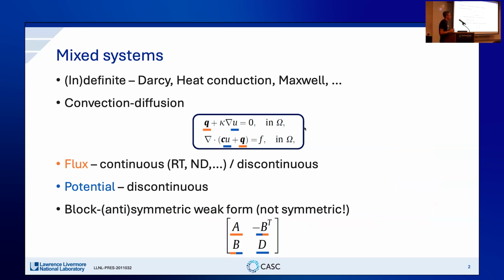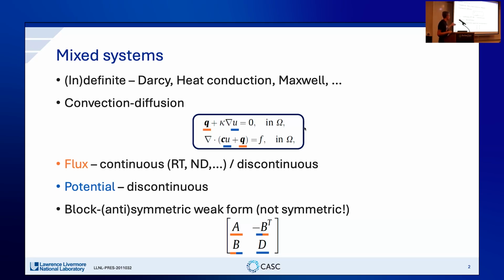Two coupled equations, one for the flux q and the other one for the potential u, with some velocity field c and conductivity kappa. And in what comes, the flux we consider either continuous, discretized with Raviart-Thomas elements or Nedelec and so on, or discontinuous. But the potential will always be discontinuous to benefit from properties like local conservation and so on.